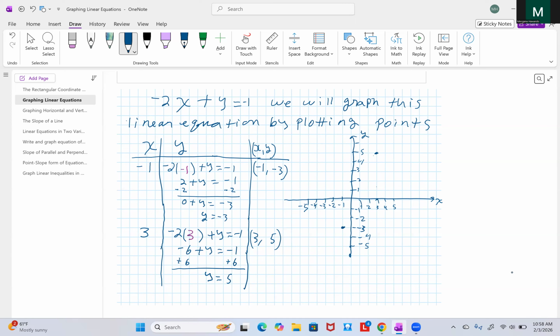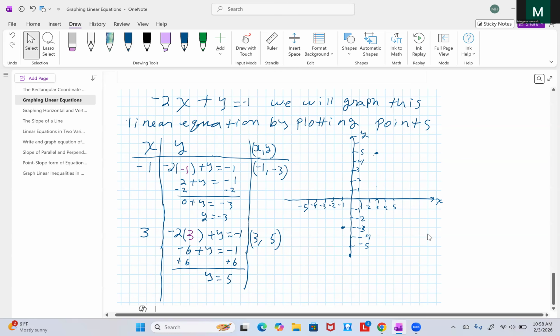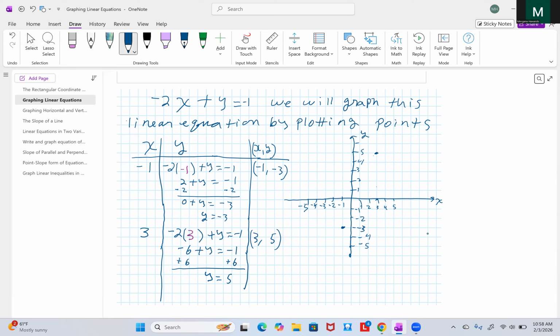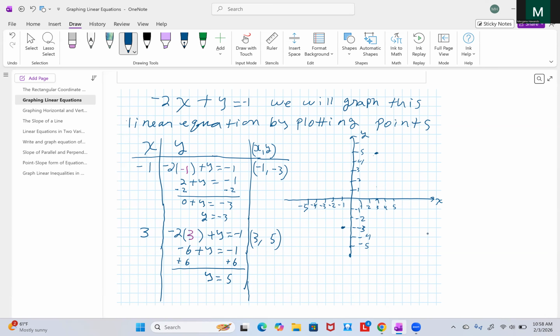Now we can connect these 2 points, and then we have a line. We just need 2 points to draw a line. But how do we know if these 2 points are correct, that we didn't make a mistake in our calculation? To make sure the points we picked are correct, let's pick another x value as a means of checking.